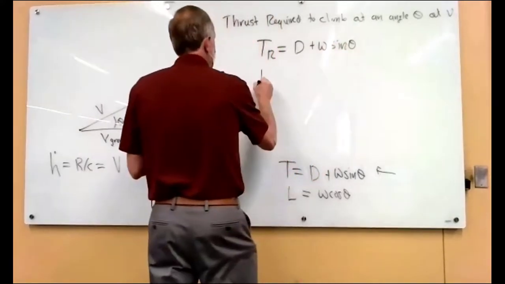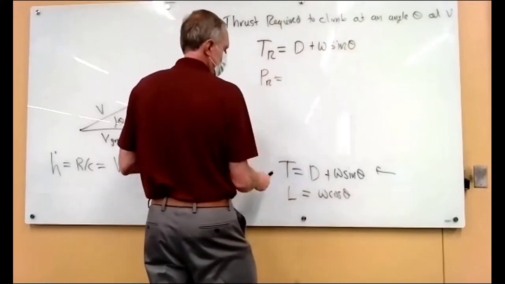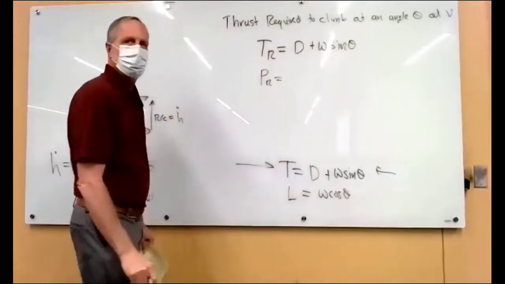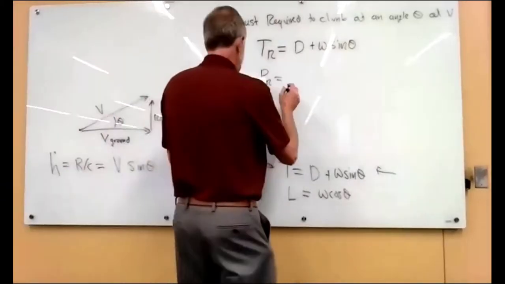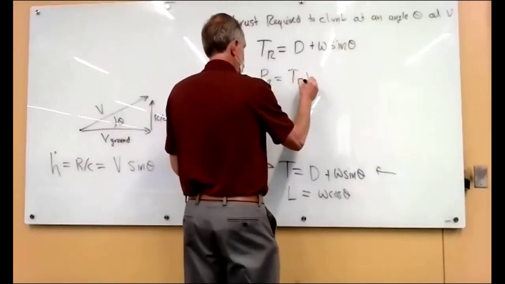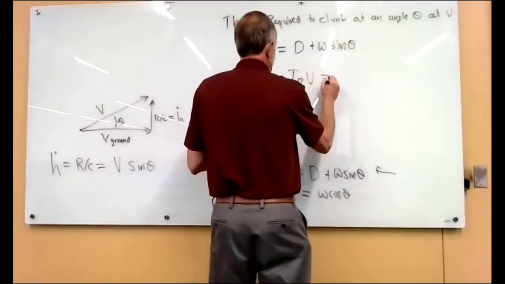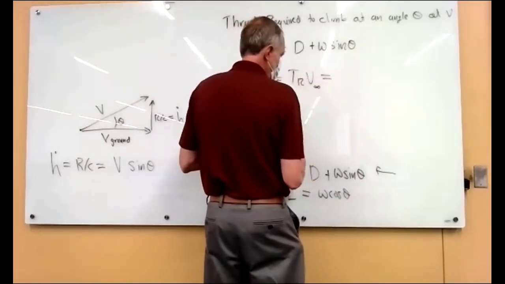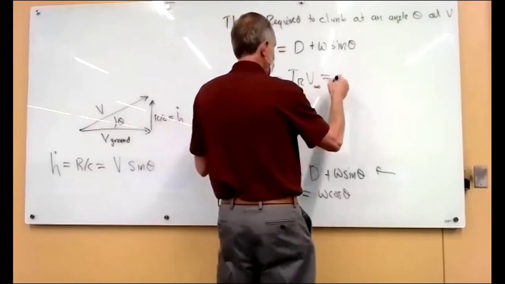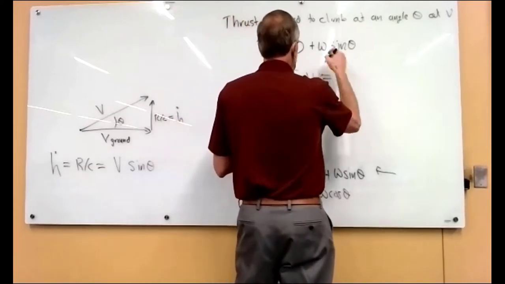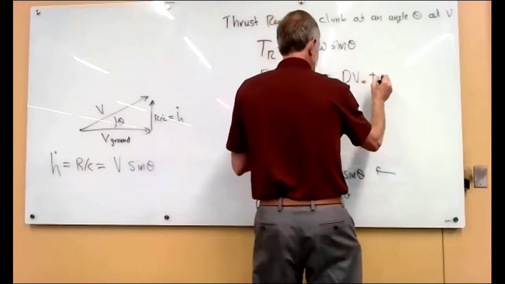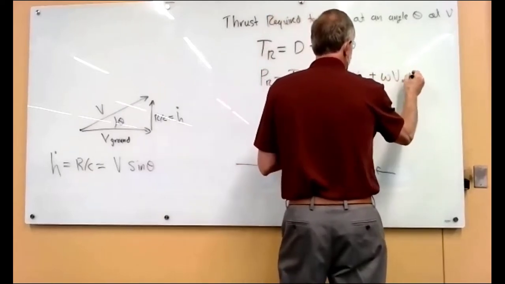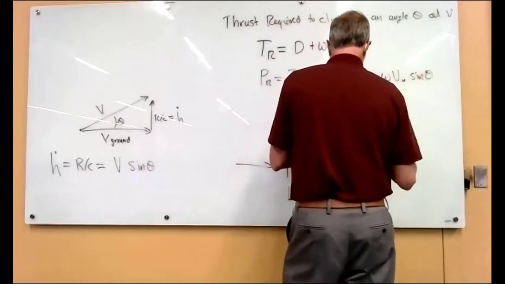And then the power required, we already know how to calculate that. So we're just saying for climbing flight, there's how much thrust we need at any given theta and any velocity. And we've been calling this V infinity, so let's put V infinity here because it's more consistent. Okay, and then we plug this in so we get D times V infinity plus W V infinity sine theta.